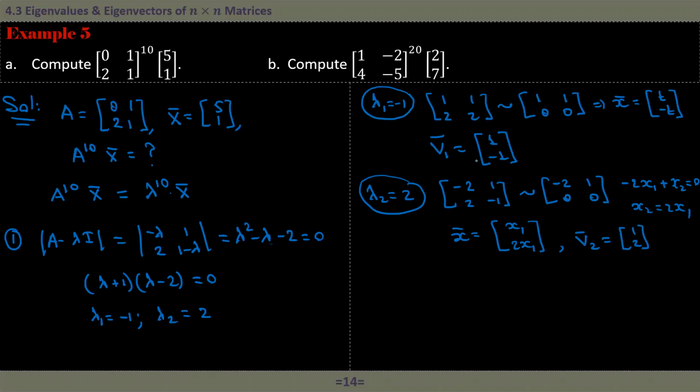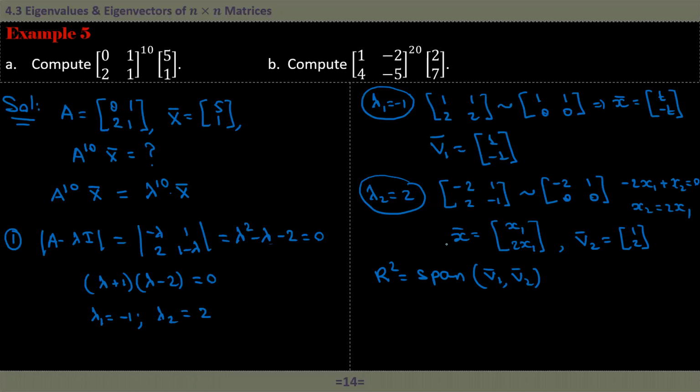As you see here, these two vectors, v1 and v2, are linearly independent. That means that they span R2. So R2 can be spanned by these two vectors, v1 and v2, because they are linearly independent. Why do I need this?